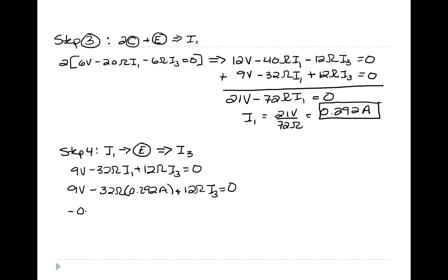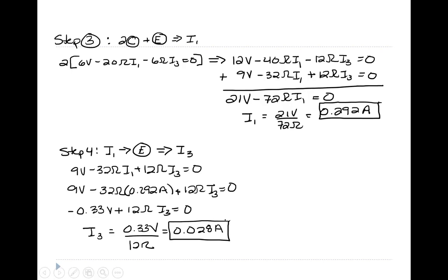So I get negative 0.33 volts plus 12 ohms I3 equals 0, which means I3 is going to equal 0.33 volts divided by 12 ohms, which is 0.028 amps.